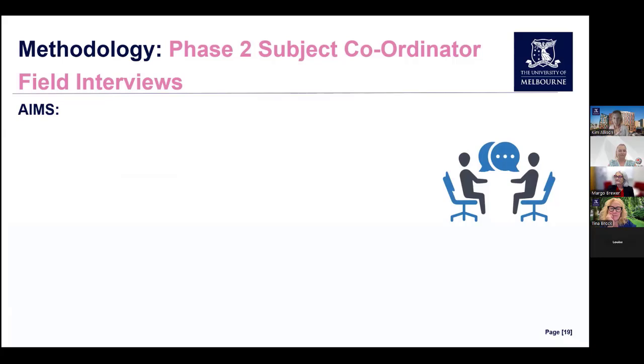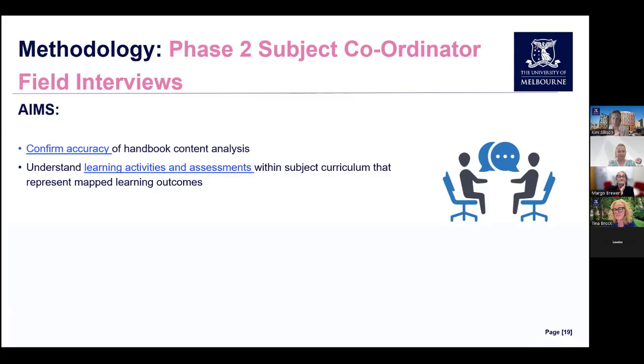And we had a standardized interview guide, which was customized to what concepts we'd identified in phase 1. And then we spoke to the subject coordinators with those objectives. So to validate the data interpretation that we'd done from the handbook analysis, and then to drill down into those learning activities and assessments.